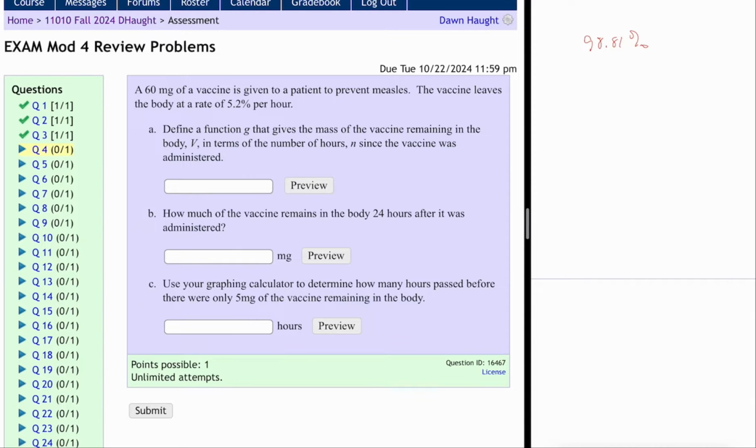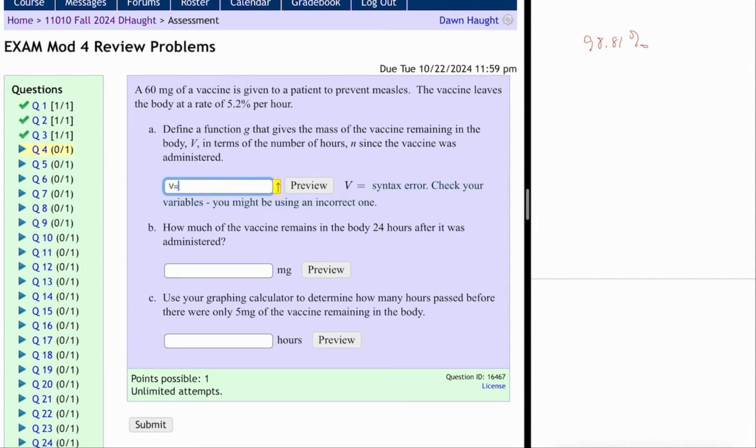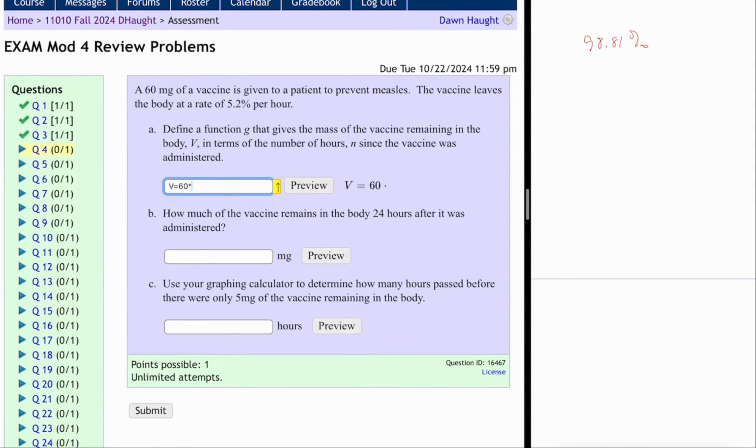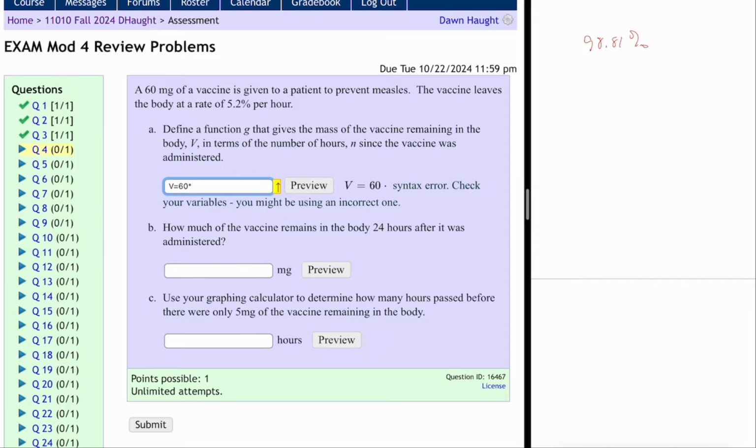Find a function that gives the mass of the vaccine remaining in the body, V, in terms of the number of hours N since the vaccine was administered. So V would equal the starting amount, 60, times, we're going to decrease by 5.2%, so 100 minus 5.2 is 94.8%. So we want to use the decimal 0.948.